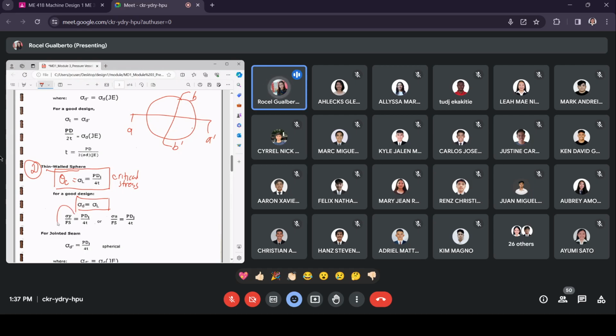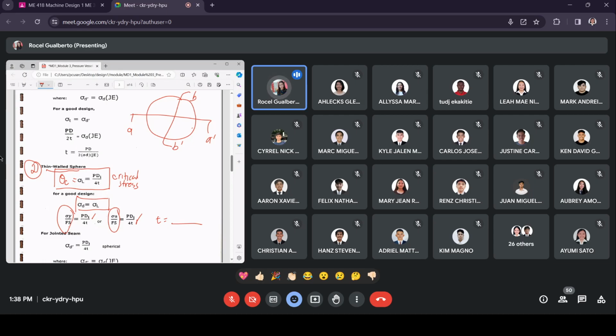The design stress can be sigma Y over Fs or sigma U over factor of safety, and your longitudinal stress is PD over 4T. From this equation, you can solve for the thickness by substituting the values. That is the thickness of the plate being used in forming your spherical vessel.